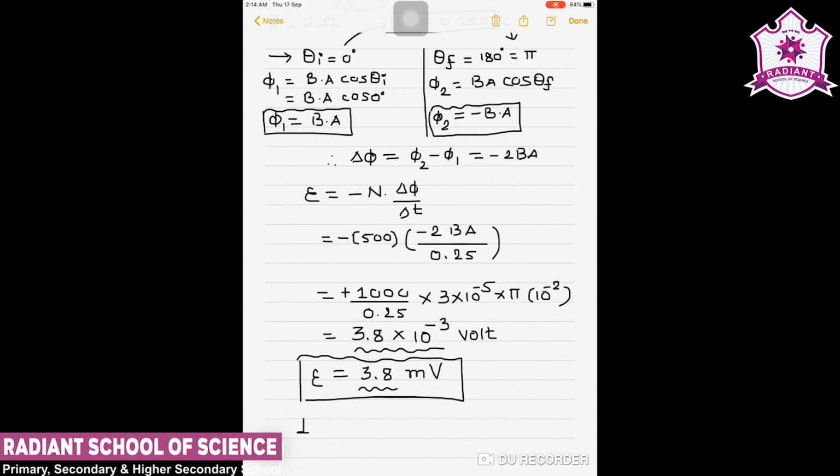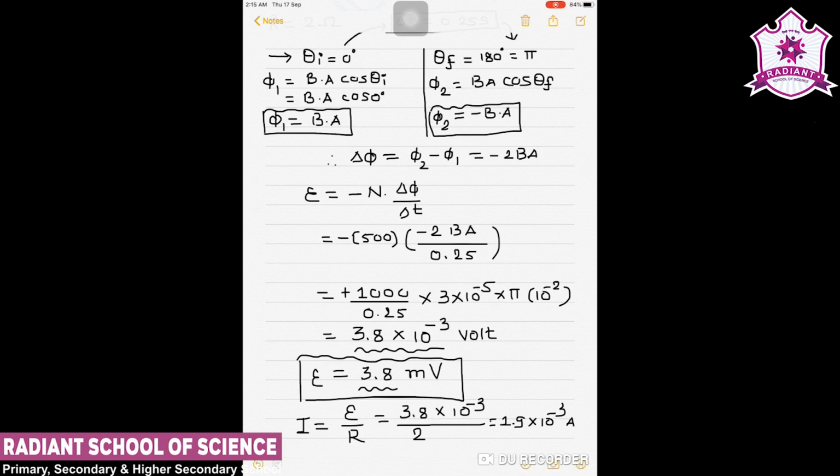So we have to find the current by the term E by R. Here we are given resistance of the coil also, that is 3.8 into 10 raised to minus 3 divided by 2 ohm, and that is the answer as 1.9 into 10 raised to minus 3 ampere.